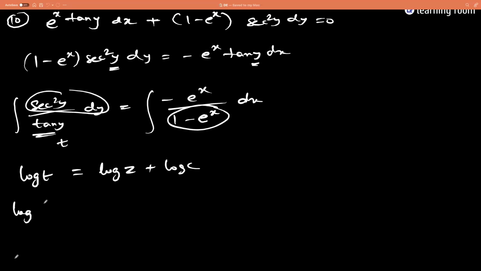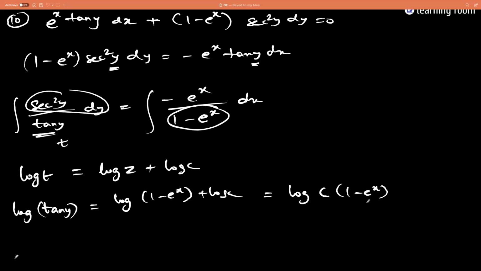So this will be log of tan y is equal to log of 1 minus e power x plus log c. So this will be equal to log of c into 1 minus e power x. So here also log, here also log. Tan y will be equal to c into 1 minus e power x.